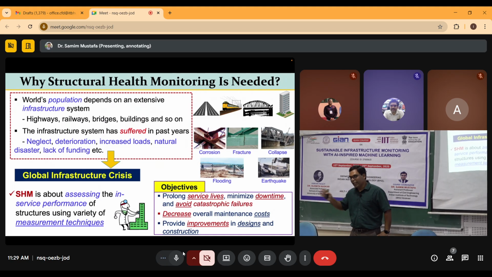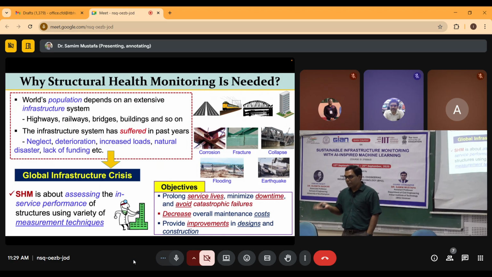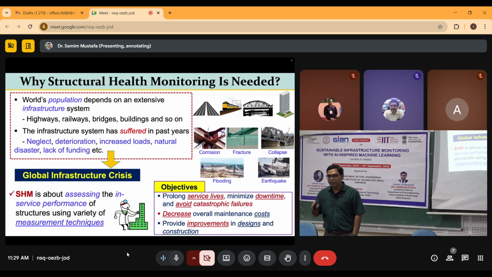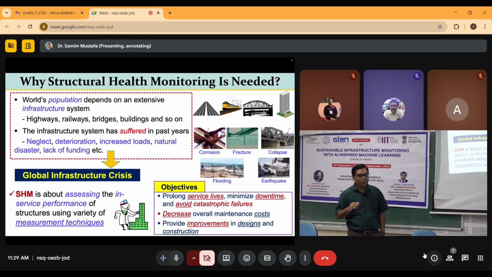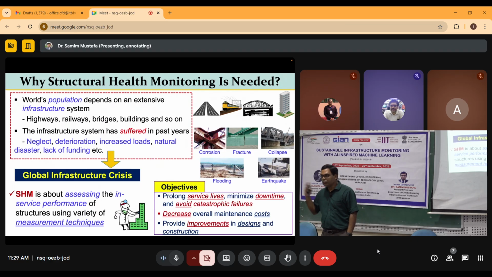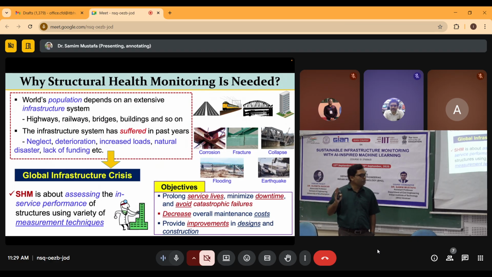So if you are seeing some deficiencies in the actual structure, then you can propose some modification in your design, so that further improvement could be done for new construction or new design, right? So this will not only help for maintenance but also improve our understanding about the structure.